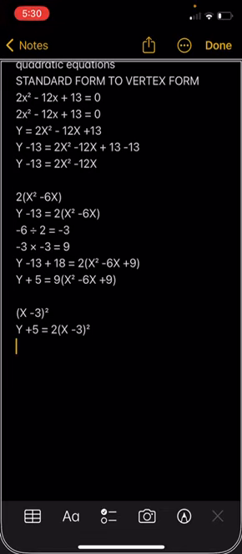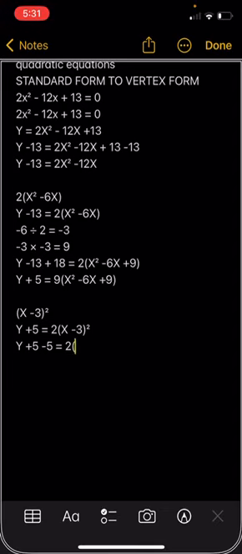We have to subtract that 5 in order to get y by itself. So we have y, and here we have a positive 5. So we have to subtract 5 from that side, and set that equal to that quantity.